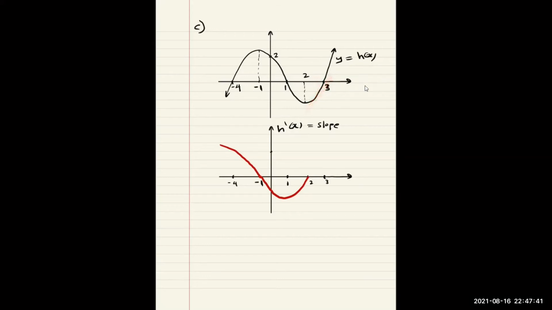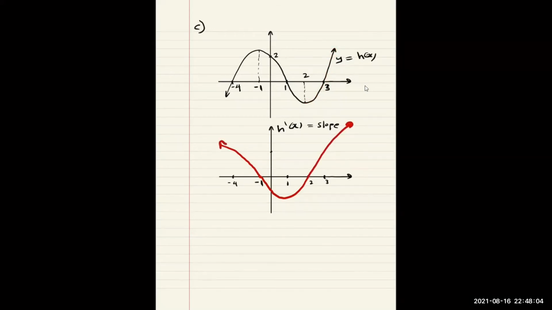Likewise, if you pick any x value to the right of 2 and draw a tangent to your function g of x, the slope of that tangent is positive. So the slope of your function for this piece is positive. So you should have a shape like this.